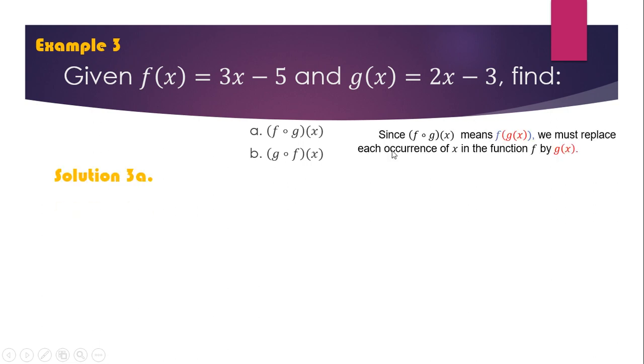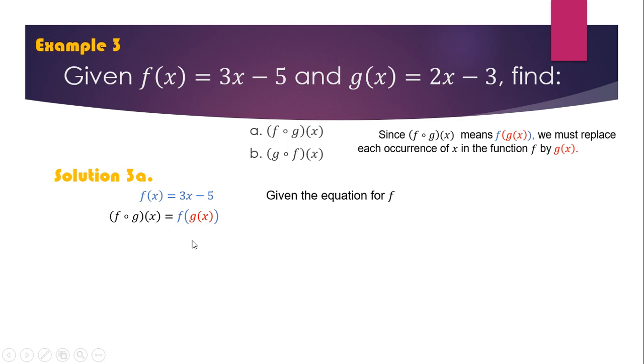So since quantity of f circle g of x means f of g of x, we must replace its occurrence of x in the function f by g of x. So in answering letter A, we will first write the given equation for f, which is f of x is equal to 3x minus 5.